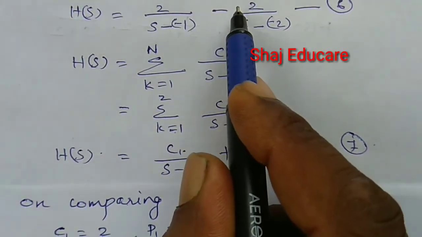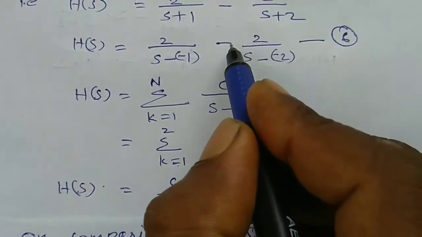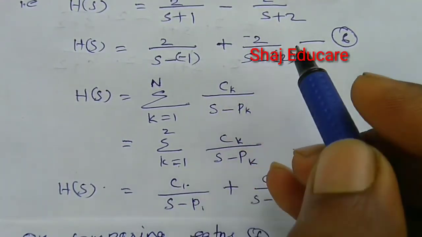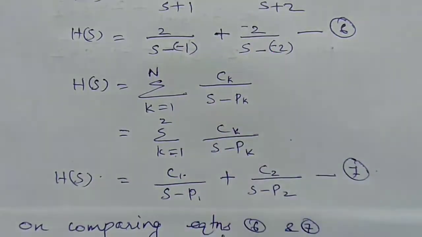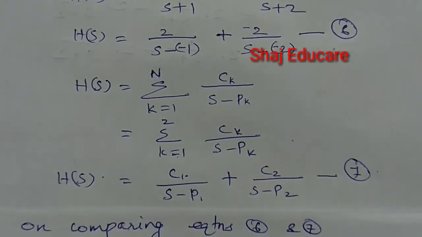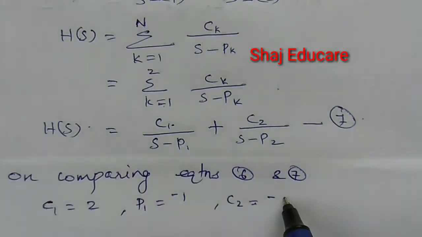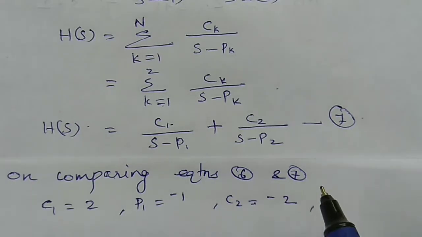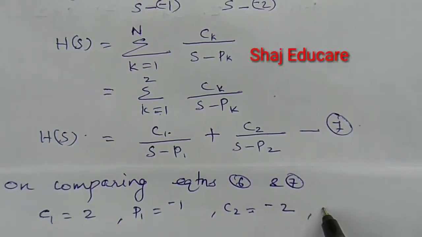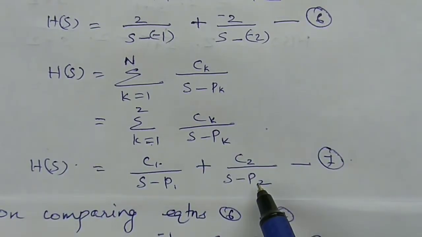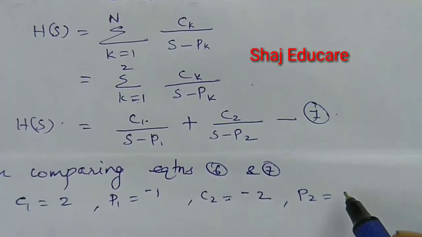If we express this as plus, this one should be minus, so C2 is equal to minus 2, and finally the value of P2 is equal to minus 2.